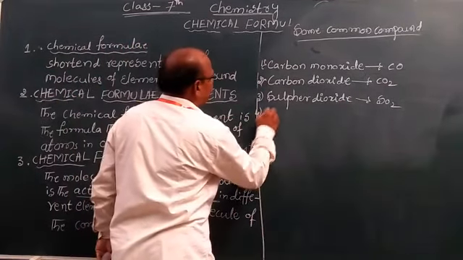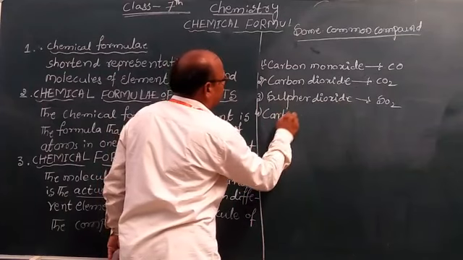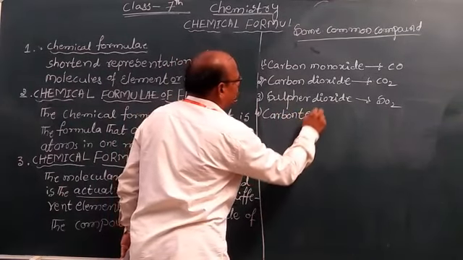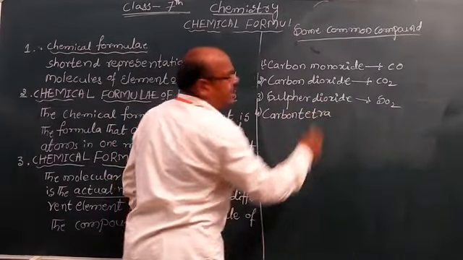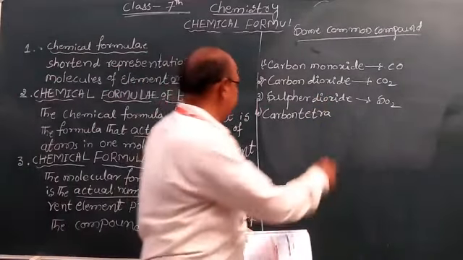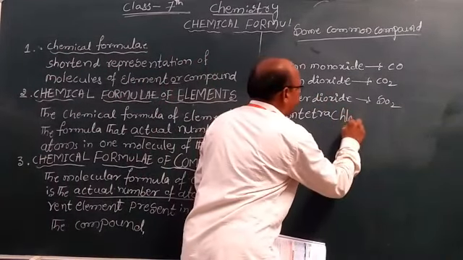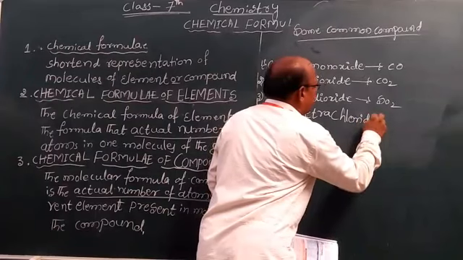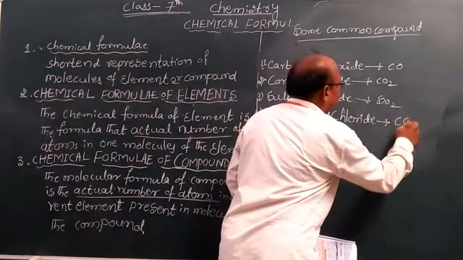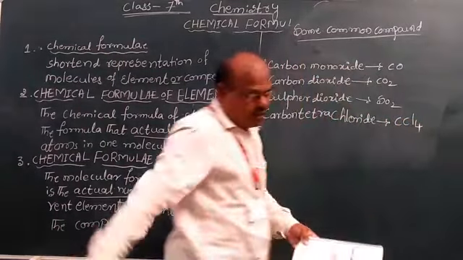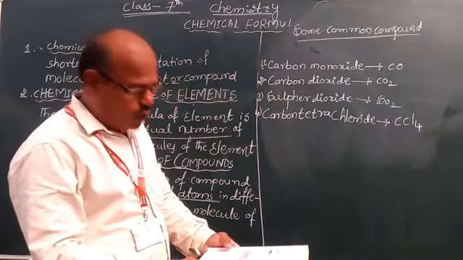Fourth one is carbon tetrachloride, CCl4. This is the chemical formula of carbon tetrachloride.